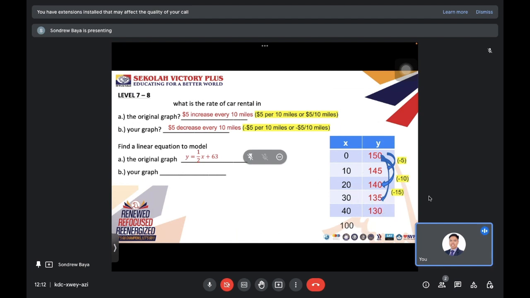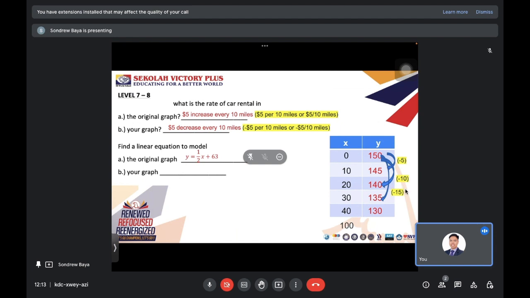Again, looking into the pattern, to get 145, we subtract 5. And this 5 is half of the miles driven, half of x, which is 10. So half of 10 is 5. Similarly, when you cover 20 miles, you're subtracting 10 from 150 to get 140, and 10 is half of 20. We subtract it from 150 to get the total cost.